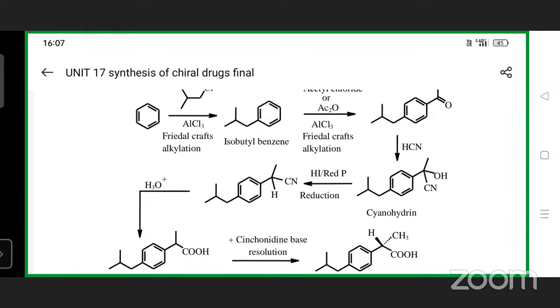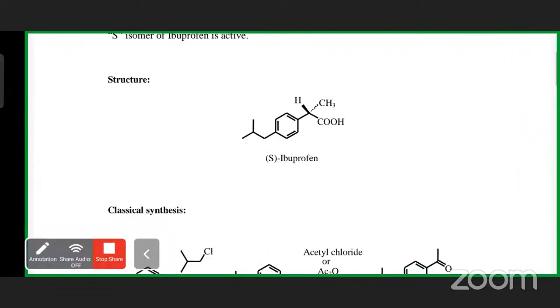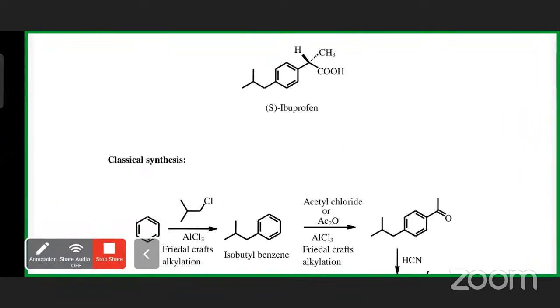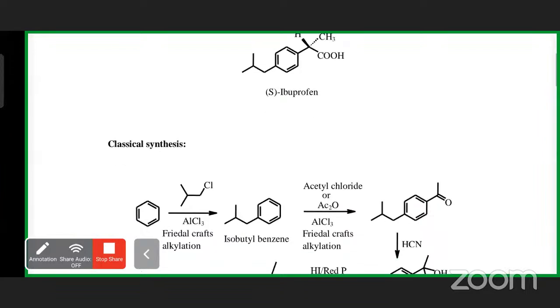The classical synthesis uses readily available materials, and it is an inexpensive method because only readily available reagents and chemicals are used.